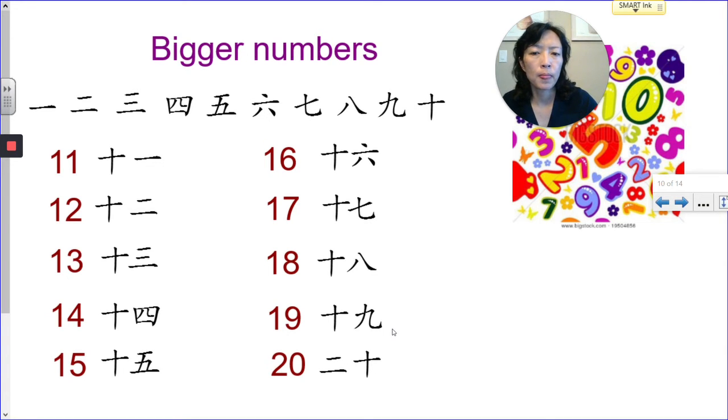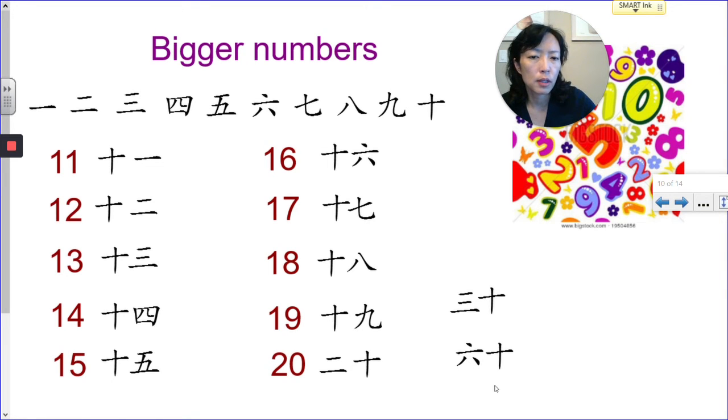You're right. It will be 3 and 10. And what about 60? For 60, you need a 6 and you need a 10. That's 6, 10.